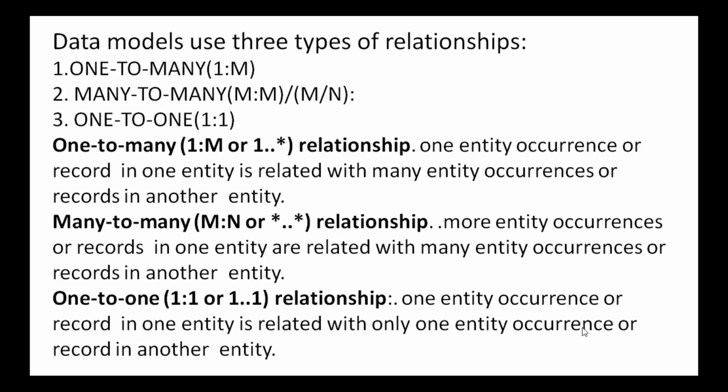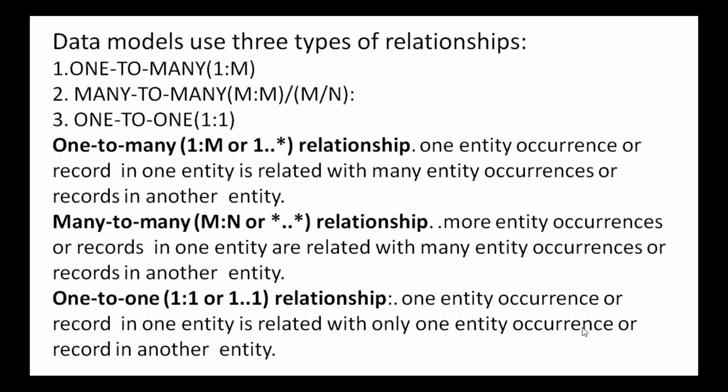Employee may learn many skills, and each skill is learned by many employees. That means a many to many relationship exists between the employee and skills entities. So many employee records are related with so many skills records.